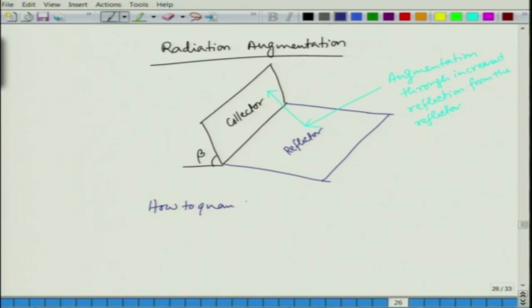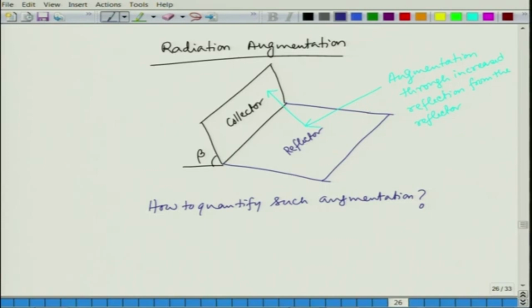Okay. So, that is the idea of augmentation, and for that, how to quantify such augmentation. For that we need to find out how much of this reflected radiation from the reflector will actually reach the collector, right.